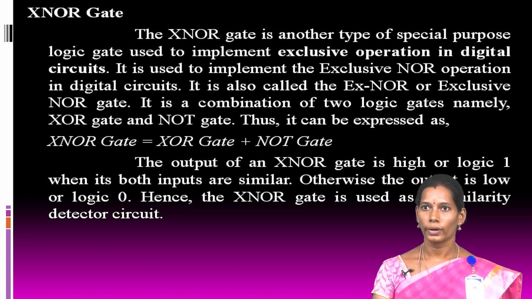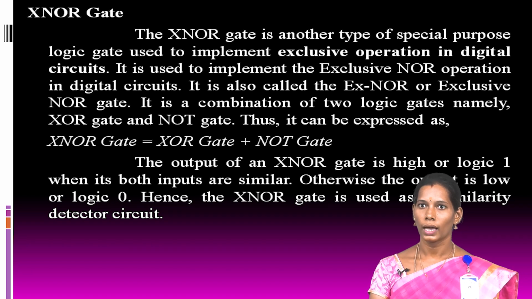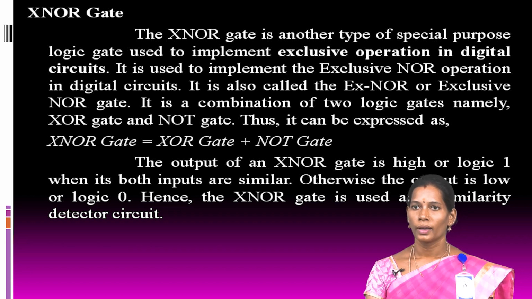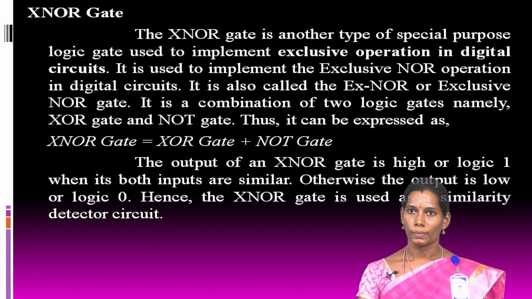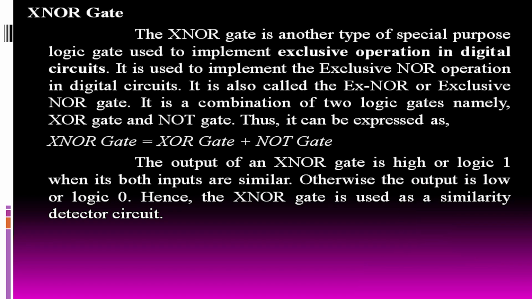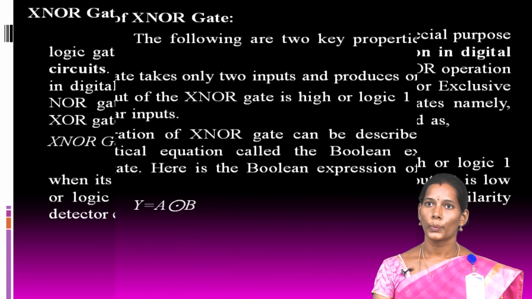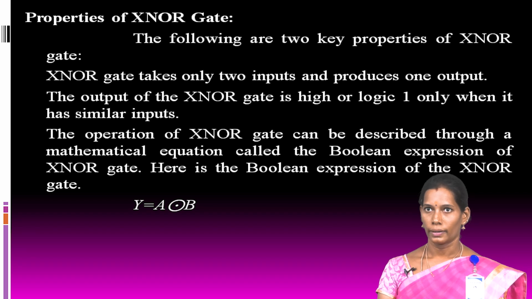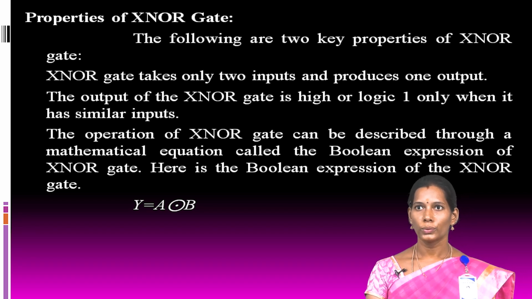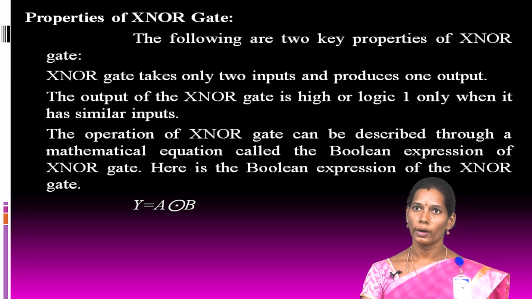The output of an XNOR gate is high or logic 1 when both inputs are similar. Otherwise, the output is low or logic 0. Hence, the XNOR gate is used as a similarity detector circuit. Properties of XNOR gate. The following are two key properties of XNOR gate.